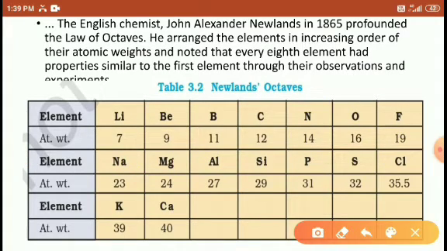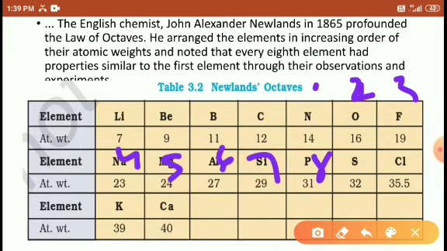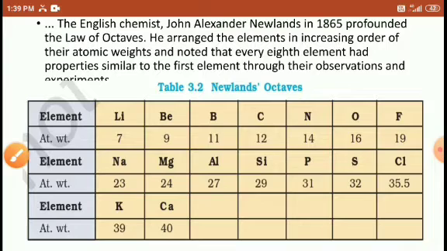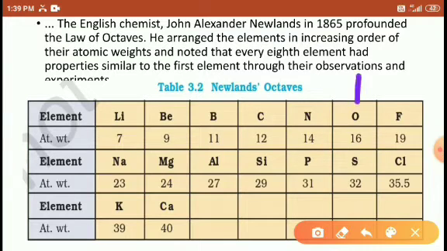Nitrogen is the first element. The eighth element is phosphorus, because nitrogen is first, then second, third, fourth, fifth, sixth, seventh, eighth. So nitrogen and phosphorus belong to the same group. They exhibit the same properties. Oxygen is considered the first element, then second, third, fourth, fifth, sixth, seventh, eighth.